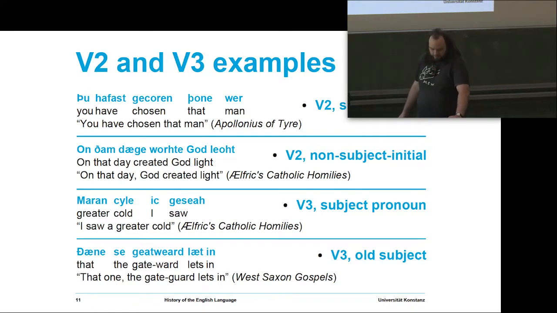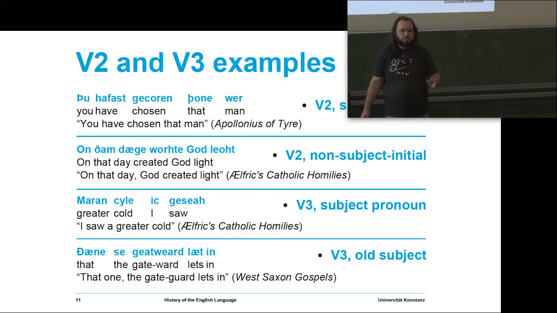This third example then, here we've got a third example, maar an kule itjesech. And this example is one that you can also translate into modern English, a greater cold I saw. But here you've got an exception to verb second. And it's an exception to verb second because it falls into that category that I told you about.